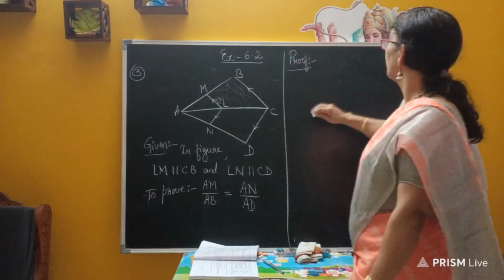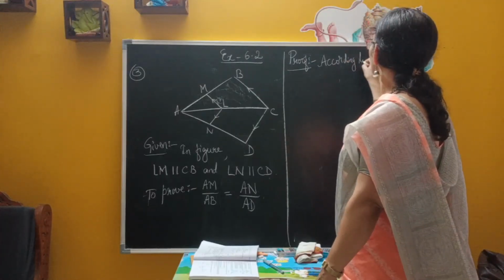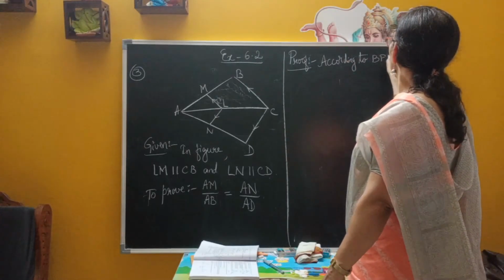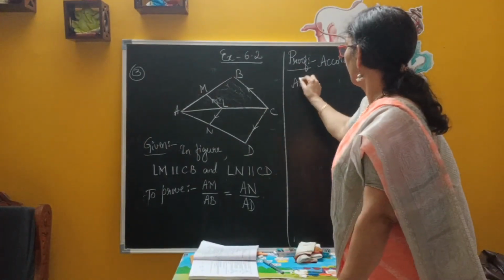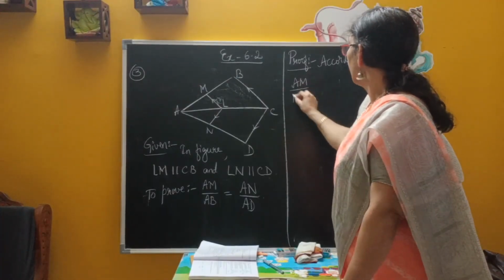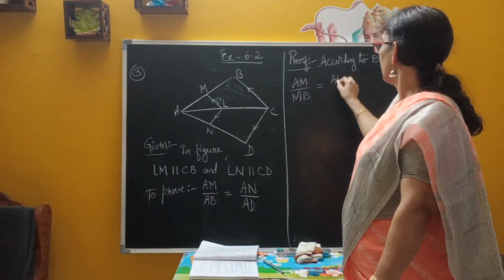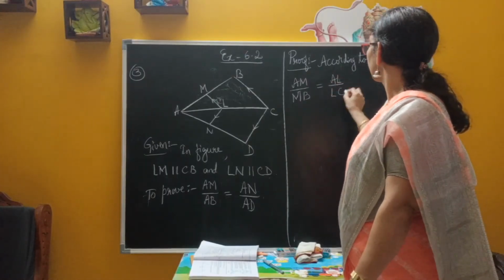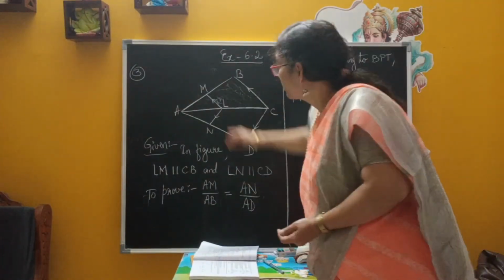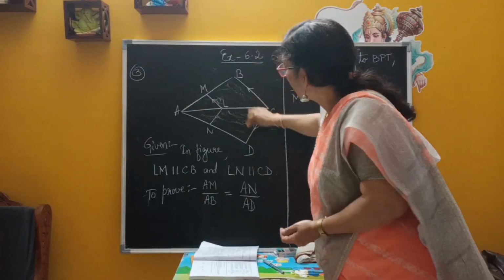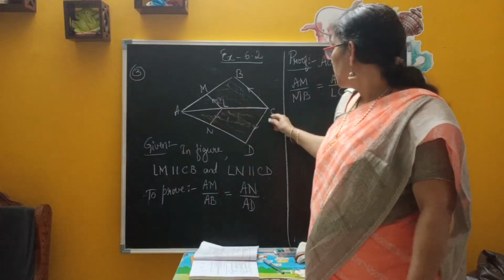Proof. According to BPT, the basic proportionality theorem, we write AM by MB is equal to AL by LC. Let us take another triangle, the second triangle. Here LN is parallel to CD.